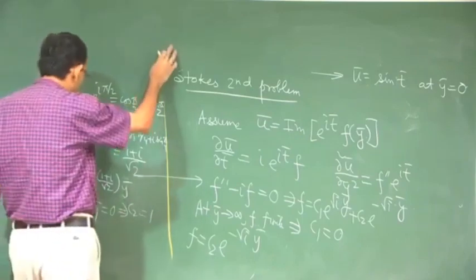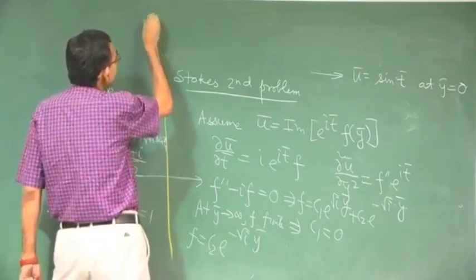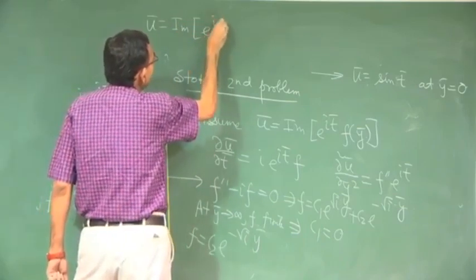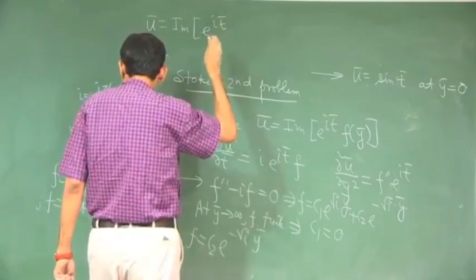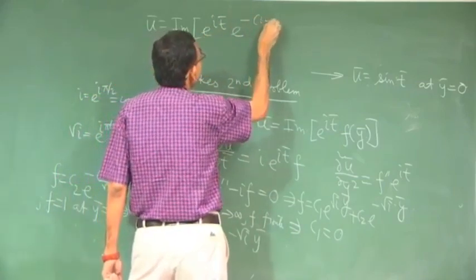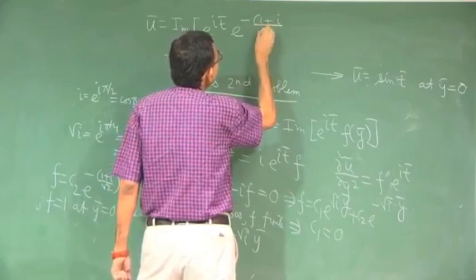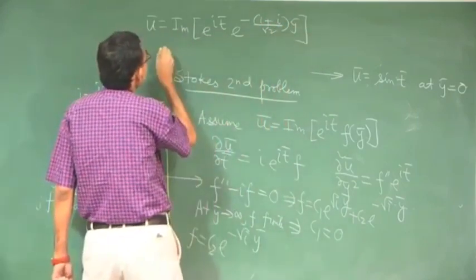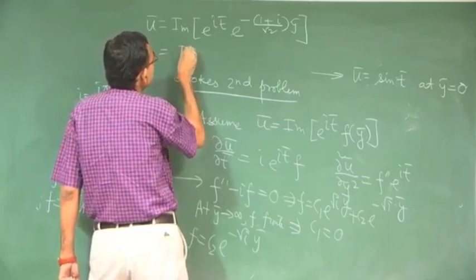So, your solution to the problem is u is equal to imaginary part of e to the power it into f(y), which is e to the power minus (1 plus i by root 2) into y. So, it is imaginary part.